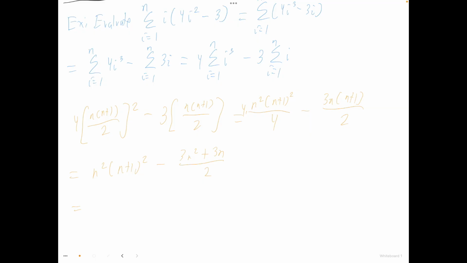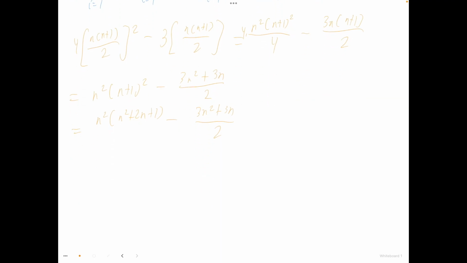This then becomes n squared times (n squared plus 2n plus 1) minus (3n squared plus 3n) over 2.